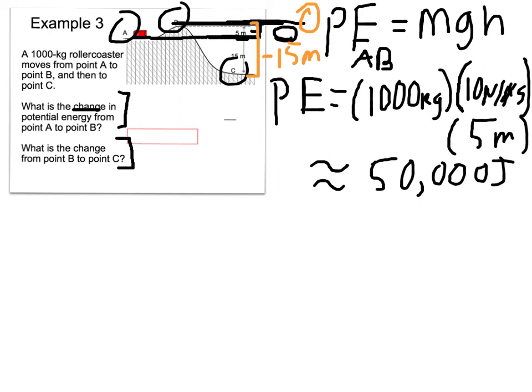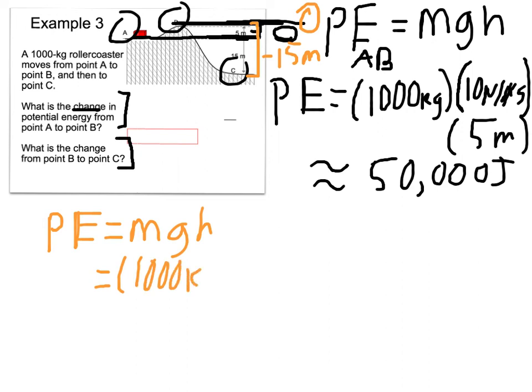Because we're below the 0, so my height would be negative 15 meters. Potential energy equals mass times gravity times height. Potential energy is 1,000 kilograms times 10 newtons per kilogram times negative 15 meters.